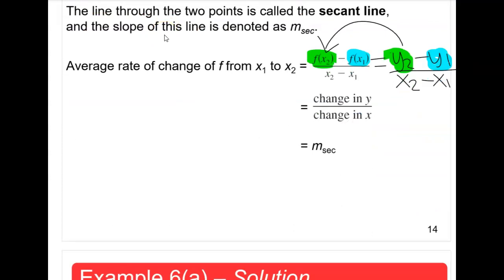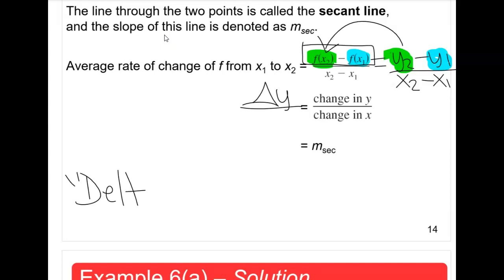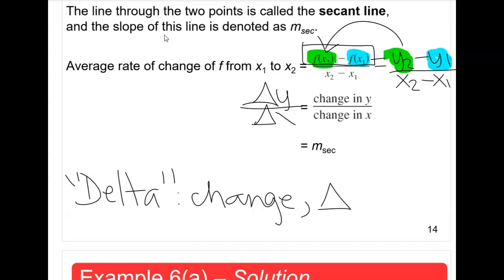And remember that this is telling us the difference. The numerator on top is telling us the change in y, so delta y. Delta means change, and we use the triangle symbol. Change in x will be delta x.